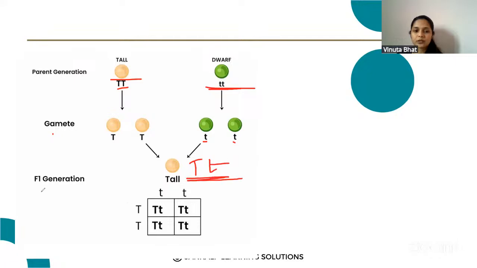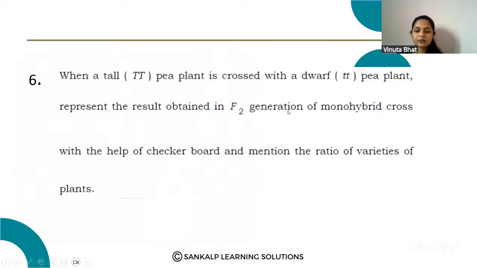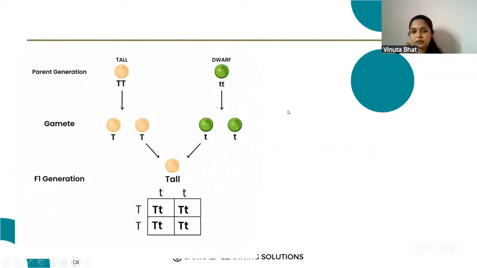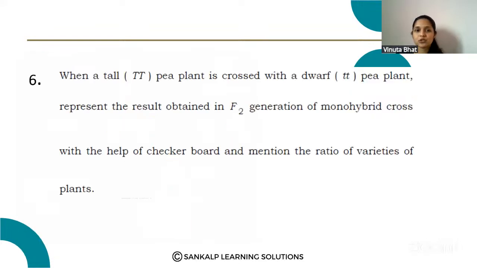Then F2 generation plants are produced by selfing the F1 generation. Here F1 generation is represented. Then the F2 generation should also be represented using the checkerboard. Here only F1 generation is represented. Better to use the checkerboard to represent the F2 generation.